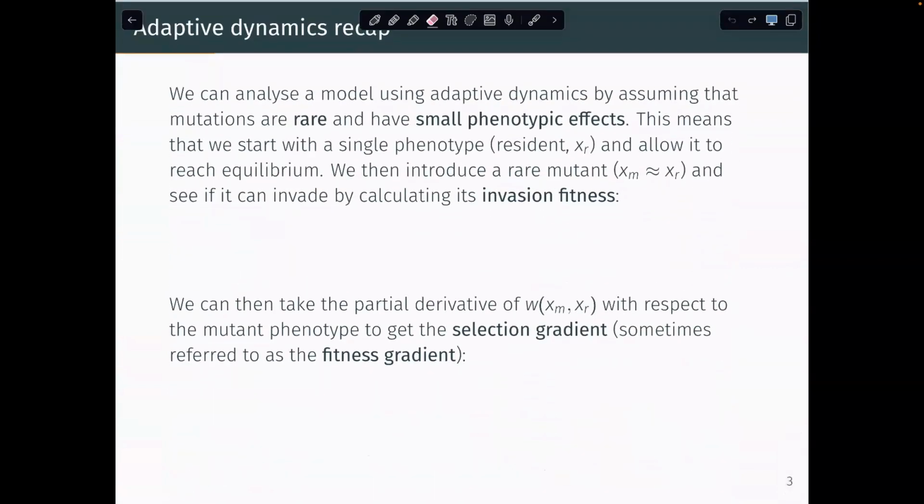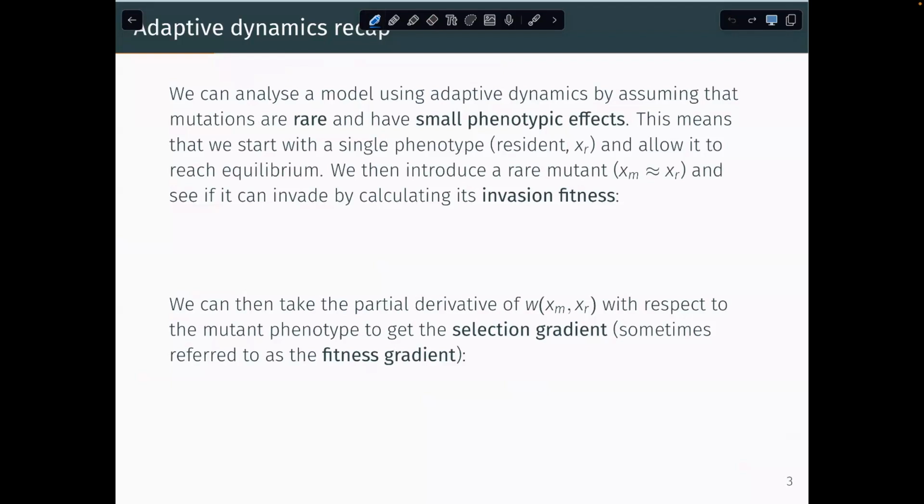So I'm just going to recap. I've gone through this a little bit already, but I'll just recap it here. Remember, with adaptive dynamics, we have a phenotype or a trait. Here we could just think of it maybe as a real number. It might be bounded, depending on the scenario you're looking at.